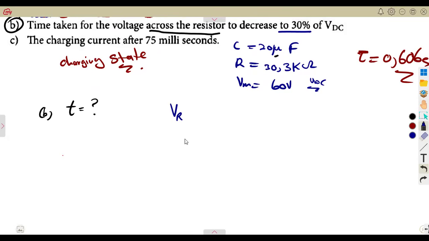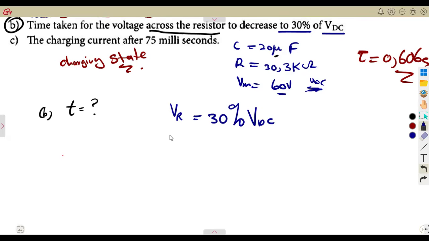When it is to, it means it is at that percentage. VR is equal to 30% of VDC. Our Vm, that's our VDC. You're told about VR, so calculate it. Find it.